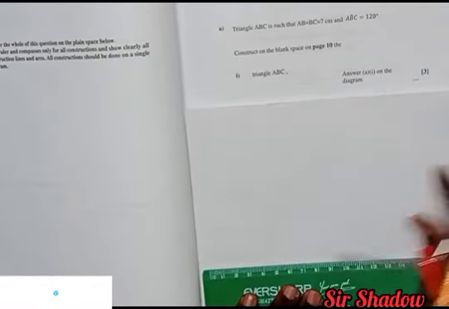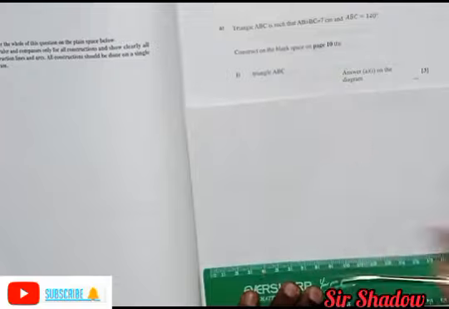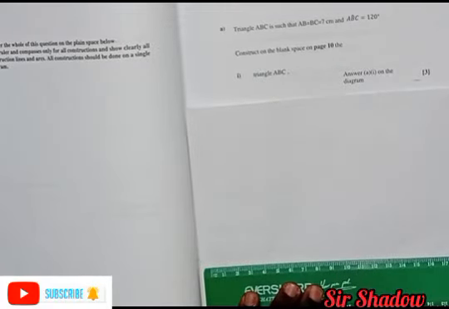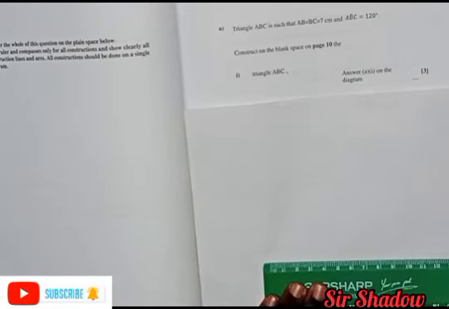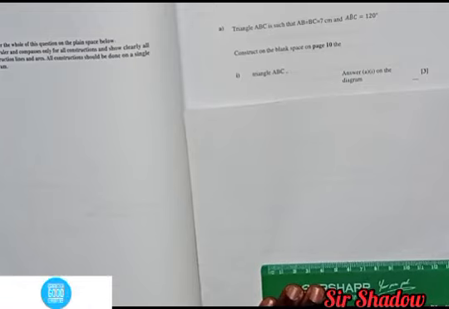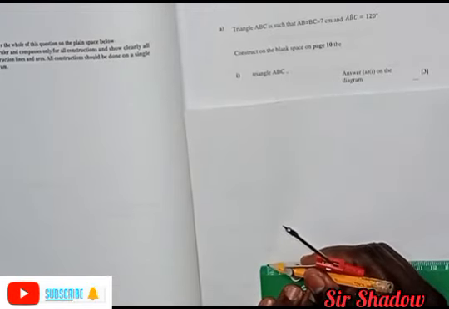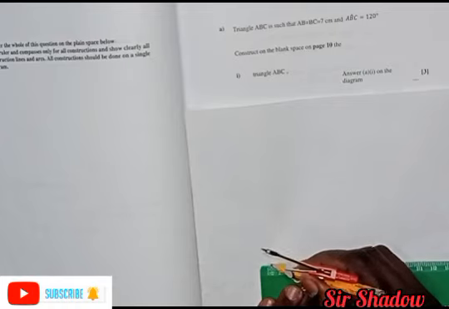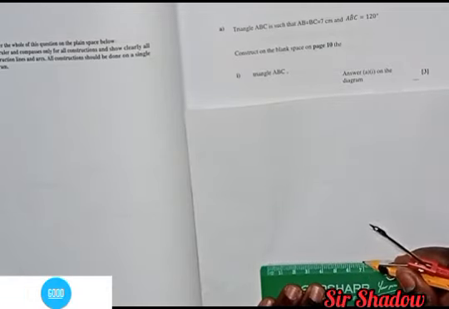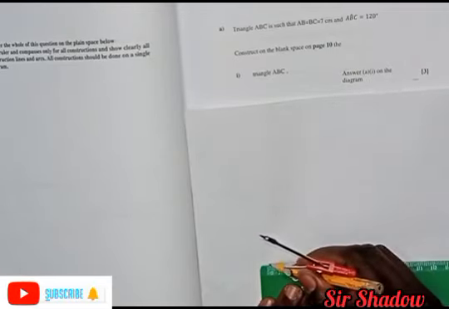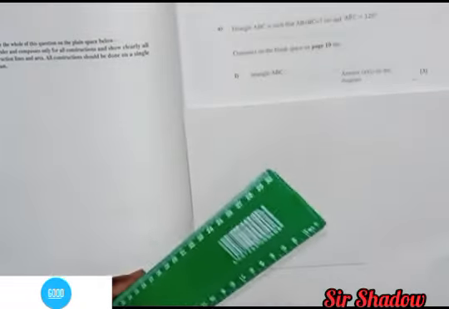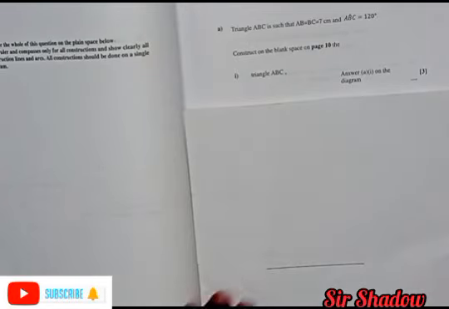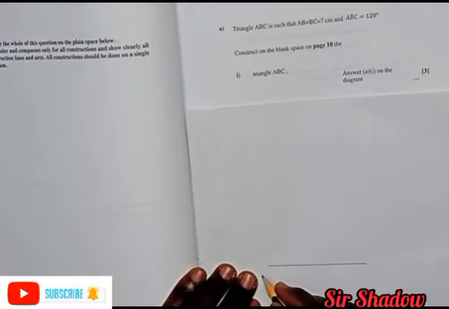Right, so I'm drawing it here. First line, 7 centimeters. This 7 centimeters is AB.